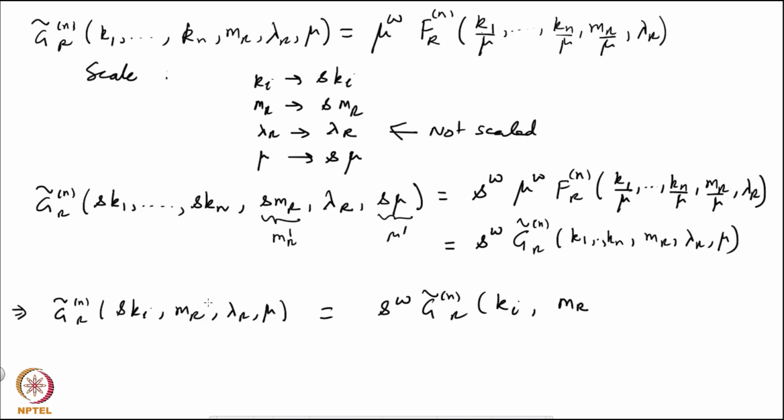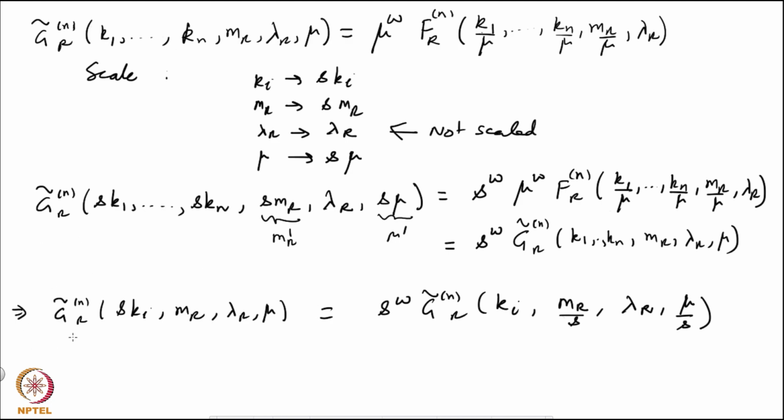So now, instead of calling that mr prime, I'm calling it mr. So this will be mr over s, okay. Then lambda r, nothing happens to that, and this is mu prime, okay. So this is mu prime over s, and I'm calling mu prime as mu again. Okay, so that's the relation.